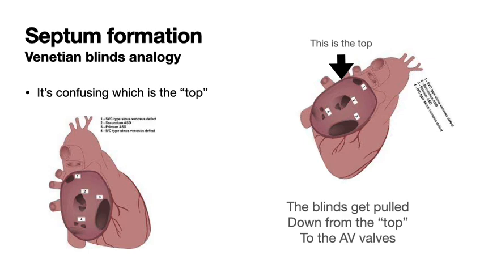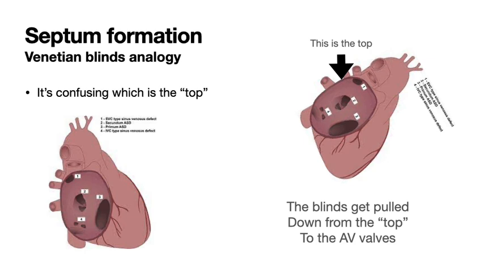All right. Now, when it comes to the septum formation, it's kind of confusing. What is the top that we're talking about? Because typically we look at the heart, and in this view, this is an en face view, where we're kind of looking at the surface of the atrial wall, the interatrial septum. The top of the atrium has been removed so that we can see inside.